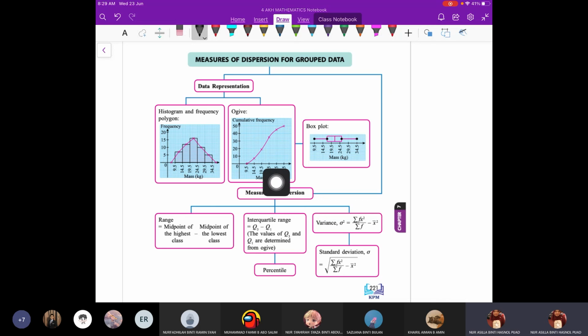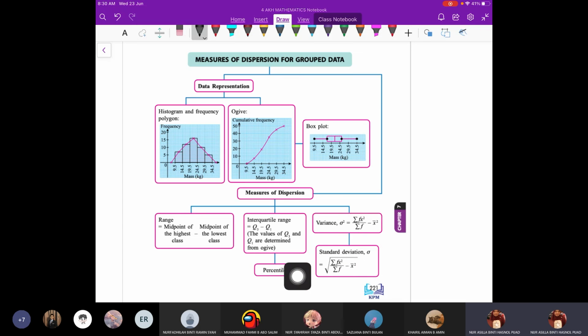Okay, and then kita pergi kepada measures of dispersion, mana kita tentukan range. What are quartiles? Okay, apakah itu percentiles, interquartile range, and then finally kita calculate variance and also standard deviation.